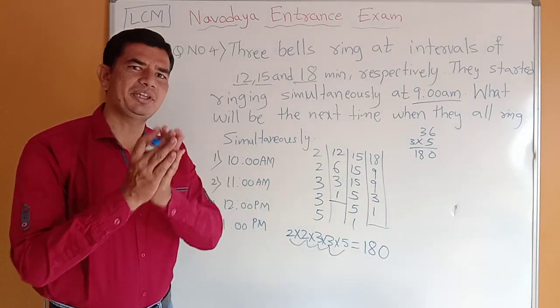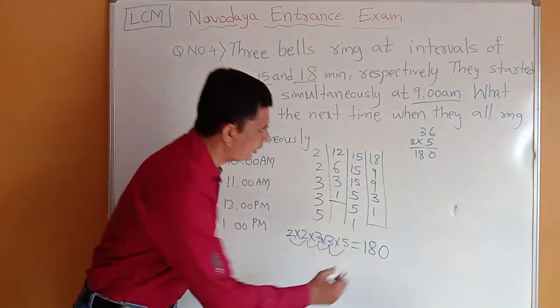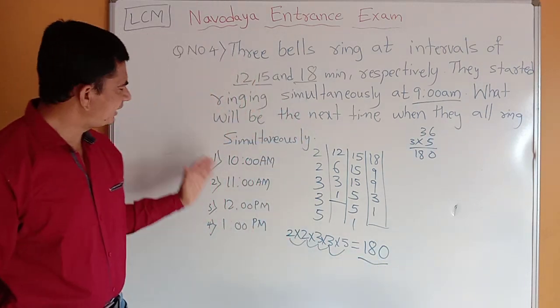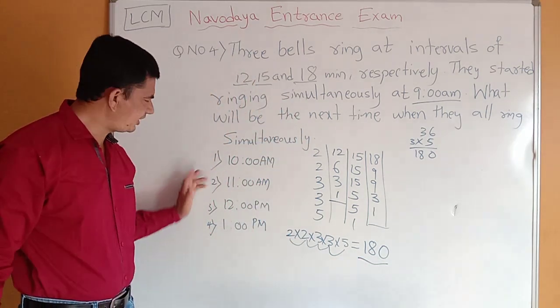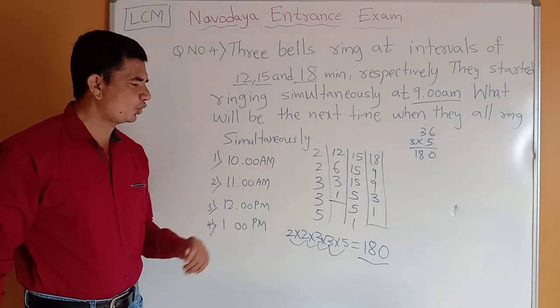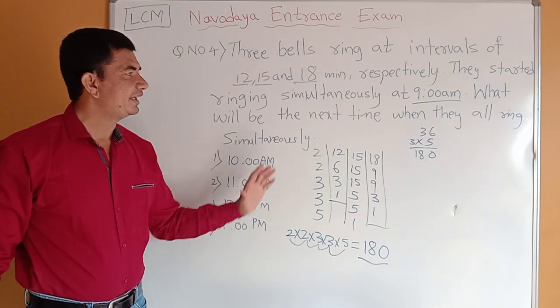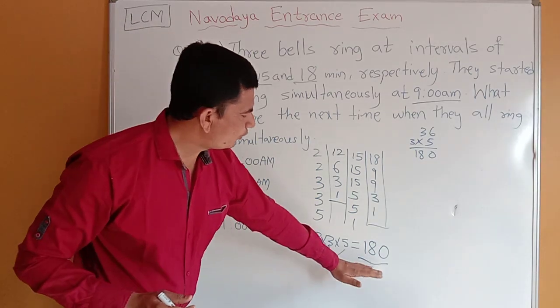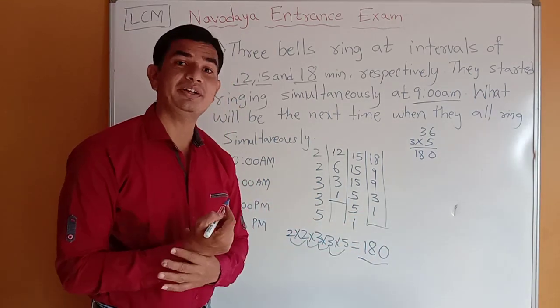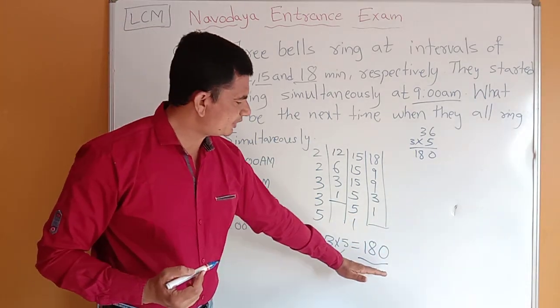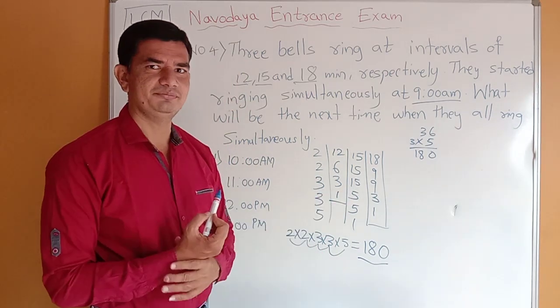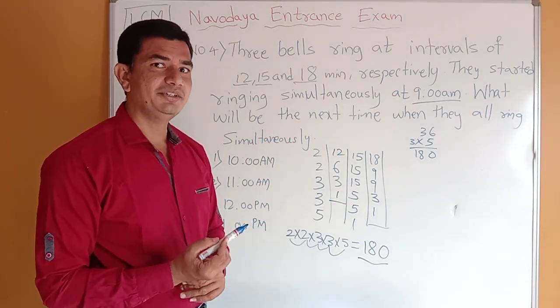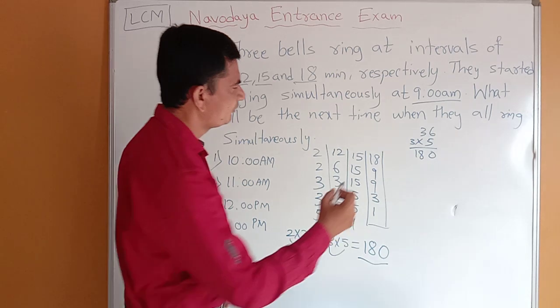Now you may be thinking that the answer we got is 180, but is there 180 in the options? There is no 180. This question is related to time, so we have to convert this into time. This is in minutes: 180 minutes we got. We have to convert it into hours.